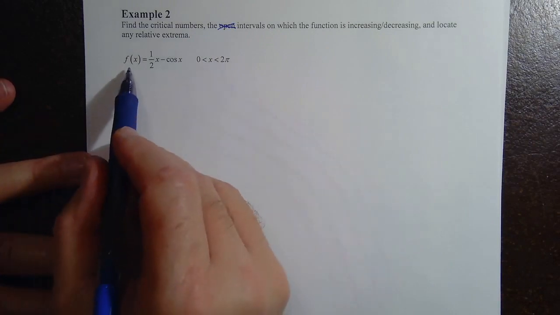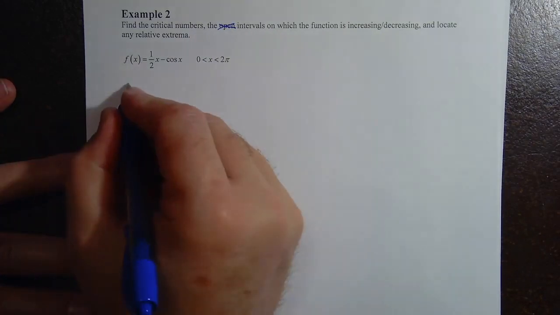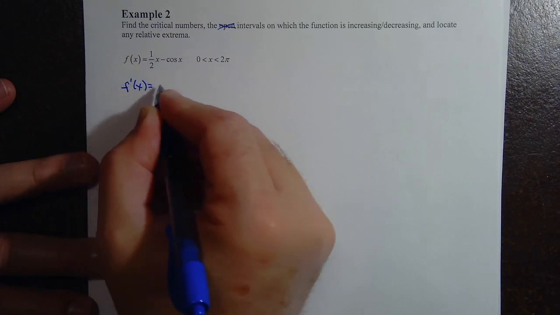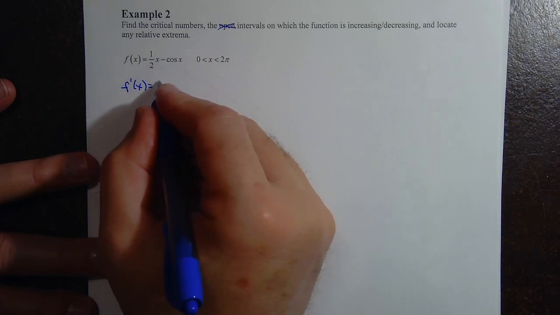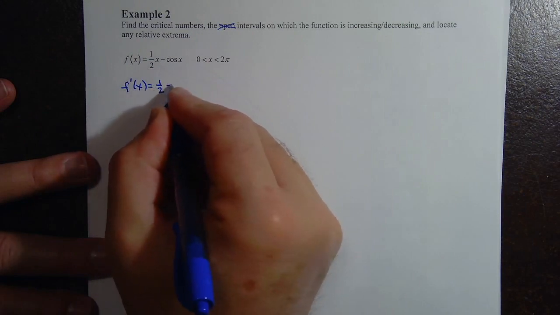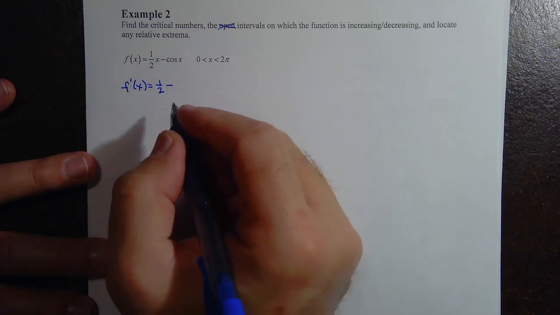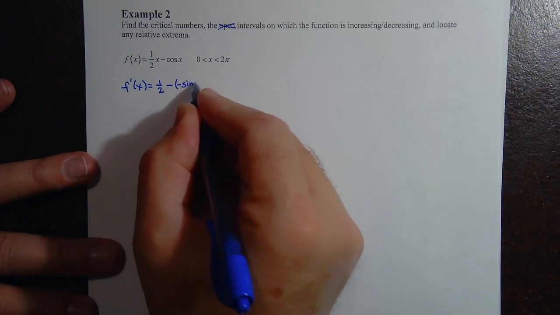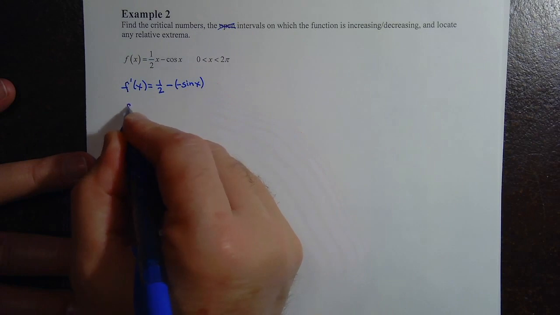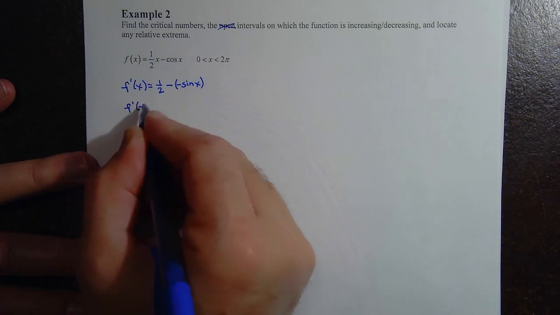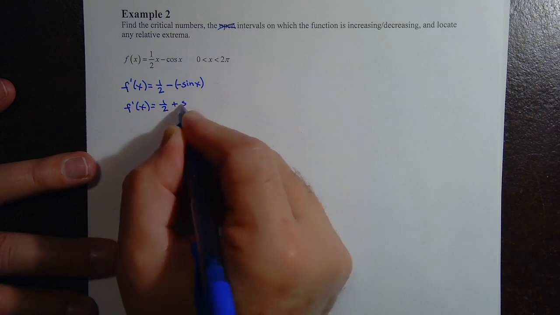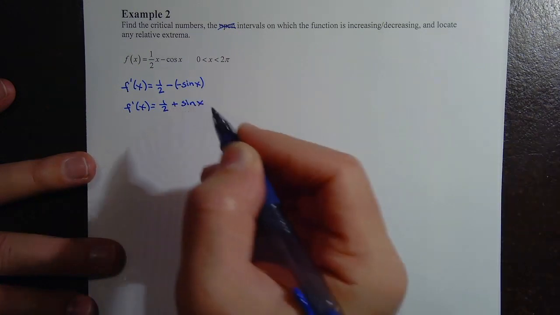So let's go ahead and take the derivative. f prime of x would equal the derivative of 1/2 x, which is 1/2, minus the derivative of cosine x, which is negative sine x. So f prime of x is equal to 1/2 plus sine of x.